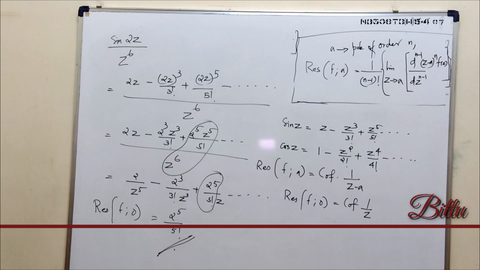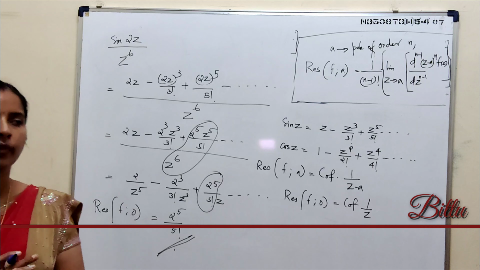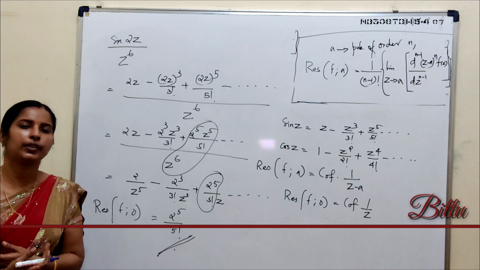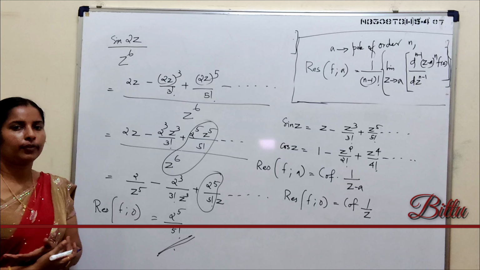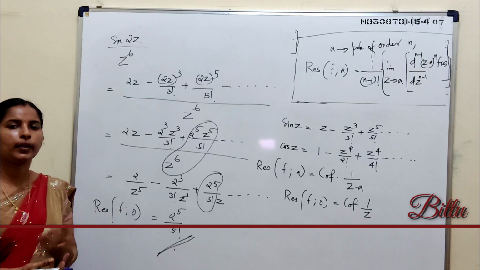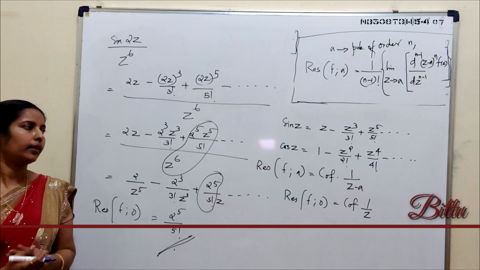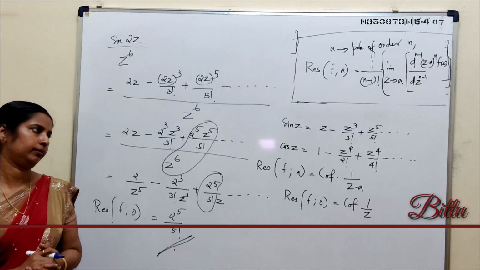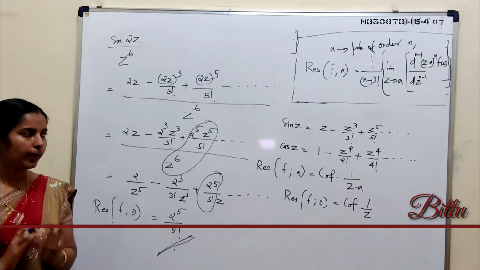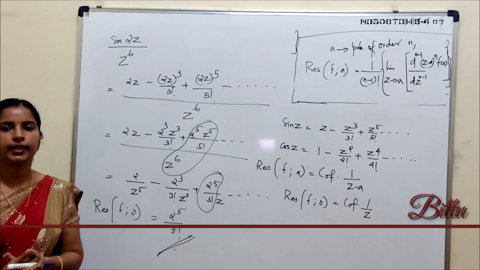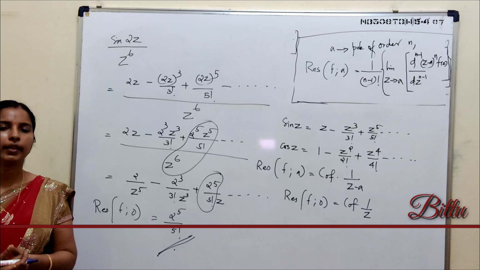See, both answers are the same. So keep in your mind, if the given function contains trigonometric functions or exponential functions, you can easily find the corresponding residue from its Laurent series expansion. In this, you have to keep the basic results of e raised to z, sin z, cos z in the form of an infinite series.